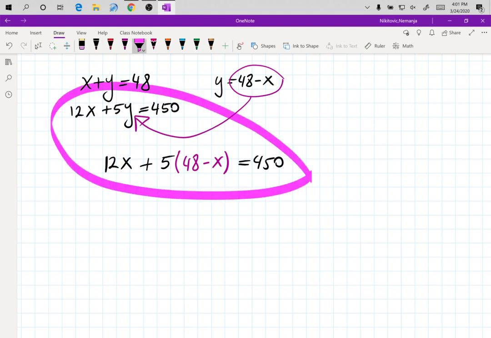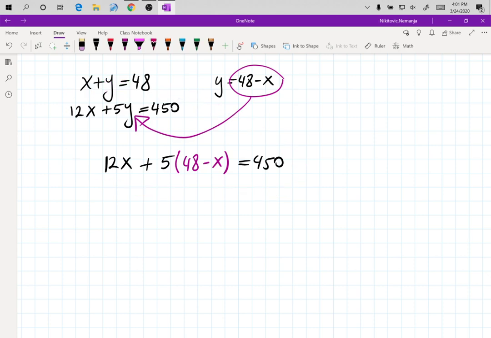That's the same equation, except we use the substitution, right, to deal with this. And now we go and we solve the equation.